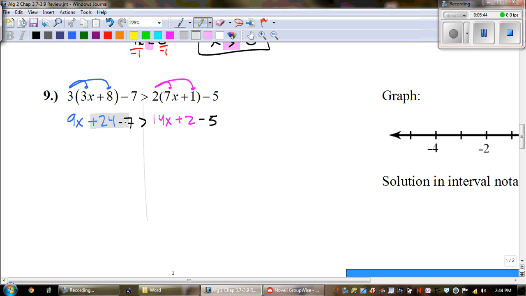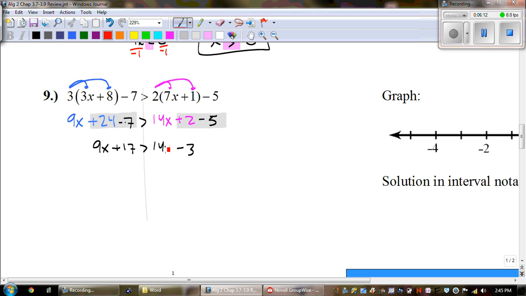Okay. And once again, we have to combine our like terms on both sides. So on the left, we have 9x. 24 minus 7 is a positive 17. 14x, and then 2 minus 5 is negative 3. Okay, so from here I want to get the variable to one side.